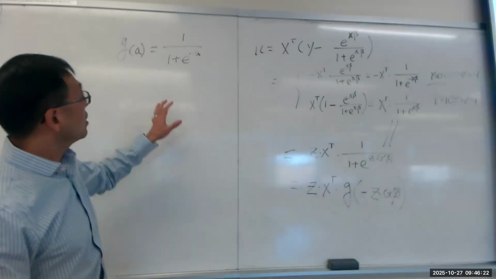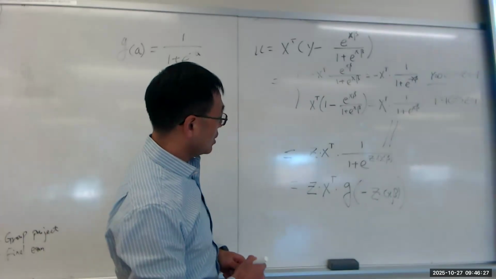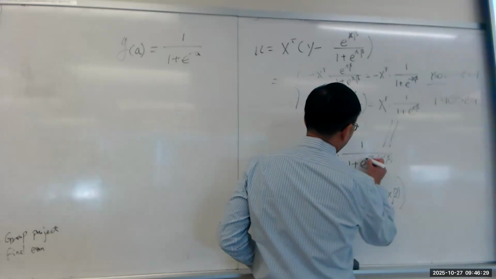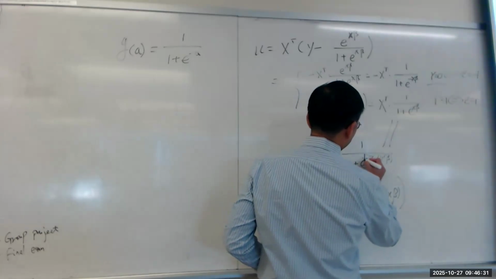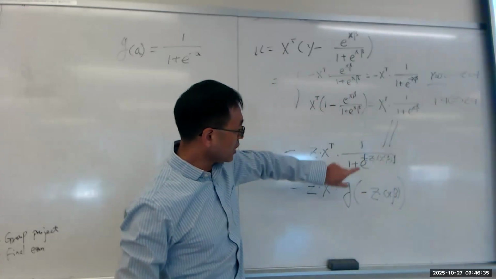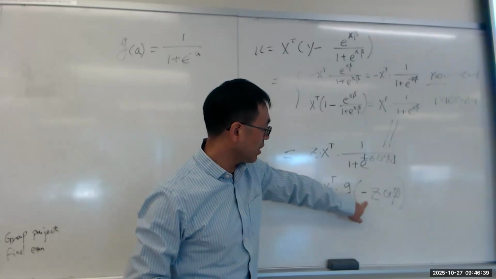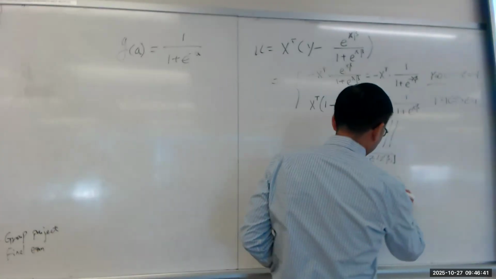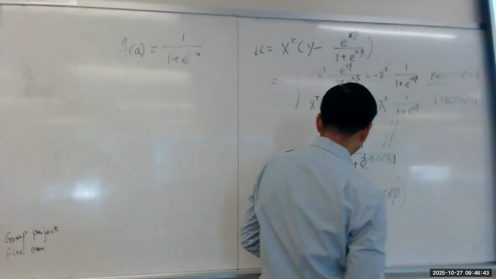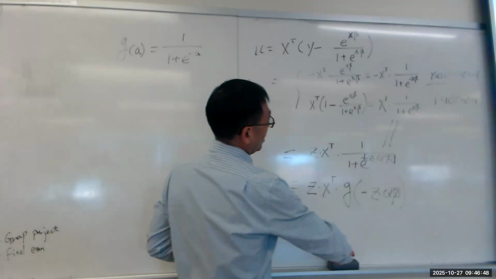In order to put it into this function, we can do a negative and a negative, and it becomes positive, and then this is the function g on negative z times x beta.